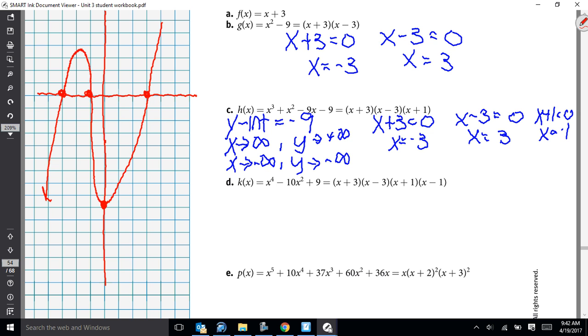All right, so what I would like for you to do is to try to sketch D. So look at, okay, what are my y-intercepts? What's my y-intercept going to be? My highest power is 4, so what does that tell me about the end behavior?